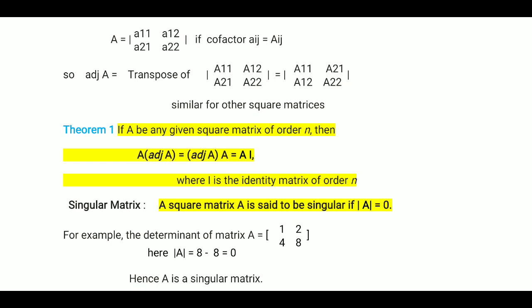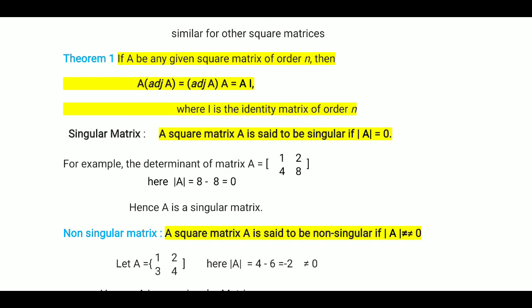This is the theorem. We can easily prove this, but first we remember this. A into adjoint A will give you determinant A into I.